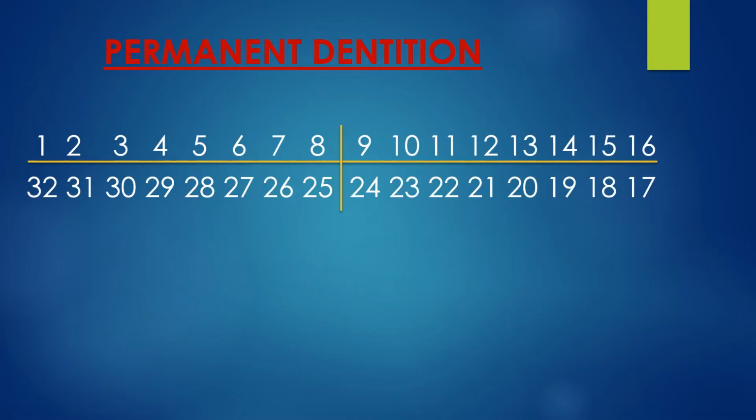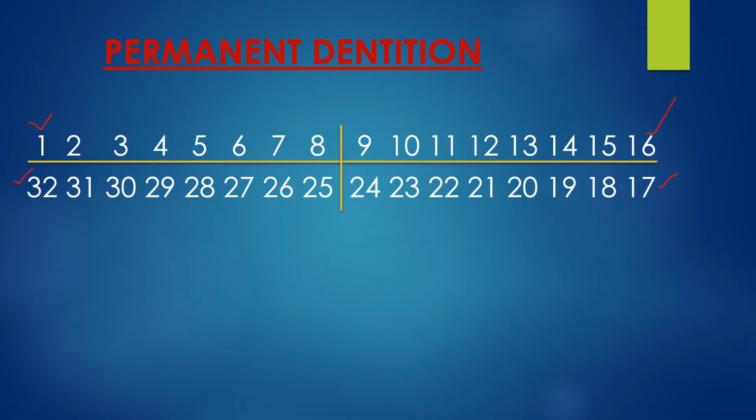Coming to permanent dentition universal notation. In the universal notation system for the permanent dentition, the maxillary teeth are numbered from 1 to 16, beginning with the maxillary right third molar. Then, beginning with the mandibular left third molar, the teeth are numbered 17 through 32.